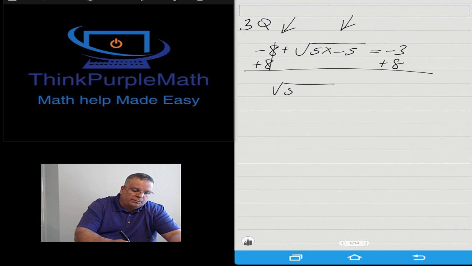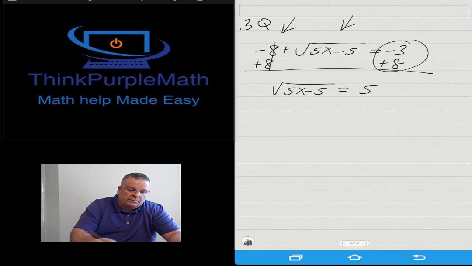Now our square root has been isolated, and negative 3 plus 8 is positive 5, using the addition rule: adding 2 numbers with different signs, subtract and take the sign of the larger number.